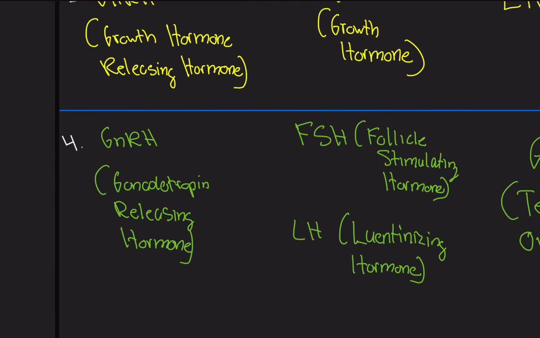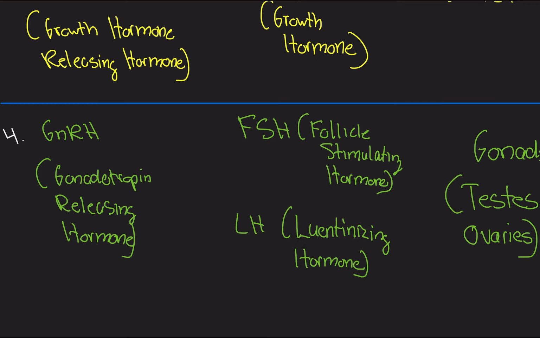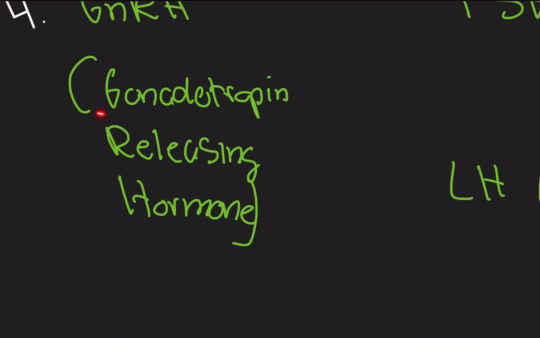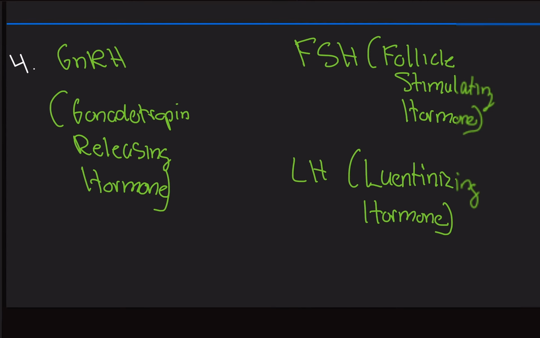This last one is kind of interesting. The hypothalamus is going to make something called GnRH, or gonadotropin releasing hormone. The gonads, you notice it has gonads in here? Your gonads are your sex organs, if you have testicles or ovaries, okay?